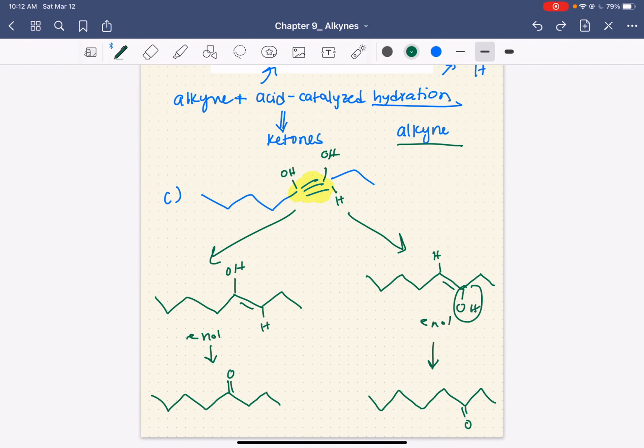Fantastic. So for unsymmetrical alkynes, in acid-catalyzed hydrations, you can add the alcohol or hydrogen on either side, and you form both enols, and you get both ketones as products. This is a very important thing to keep in mind.